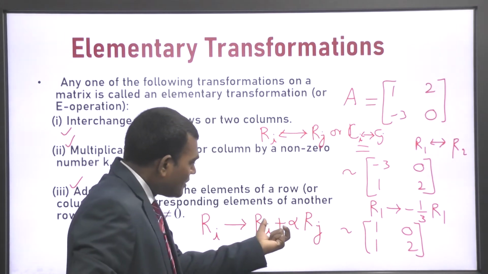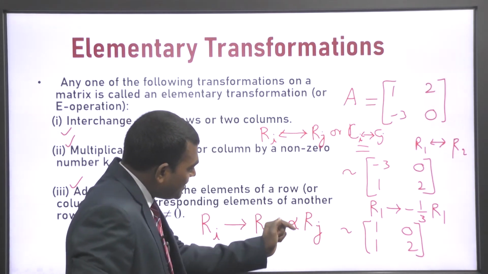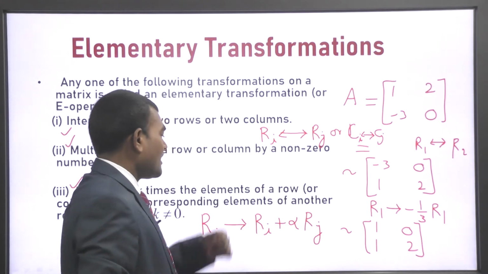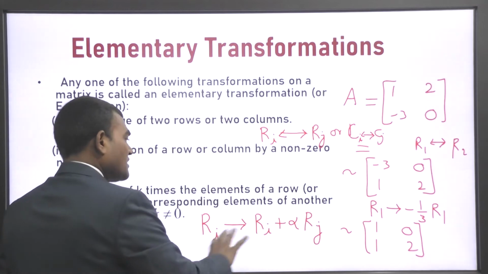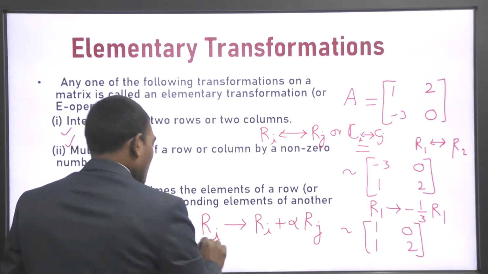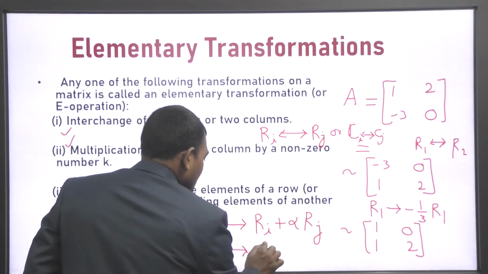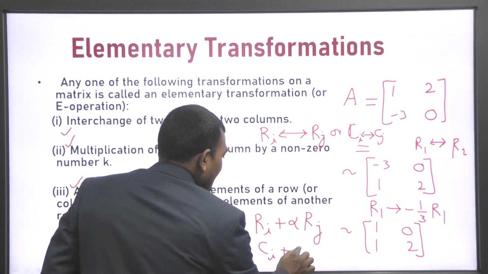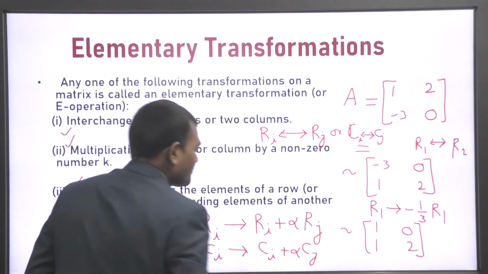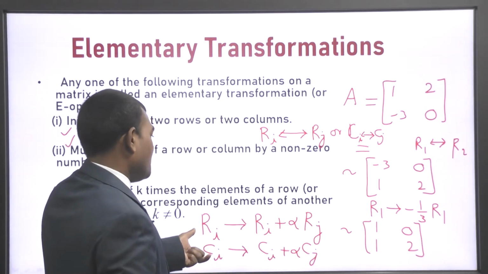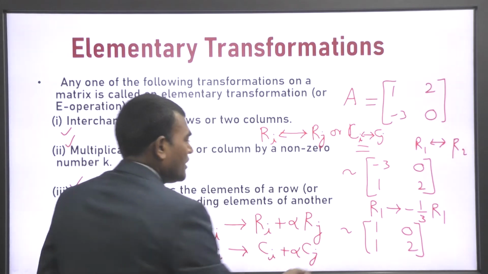You multiply the jth row by alpha, add that to the ith row, and replace the ith row. This is allowed. In the same way, for columns, Ci plus alpha Cj is allowed. By this we can make an element 0.